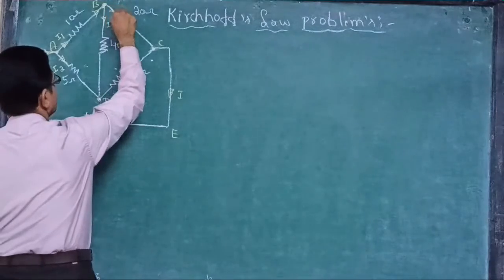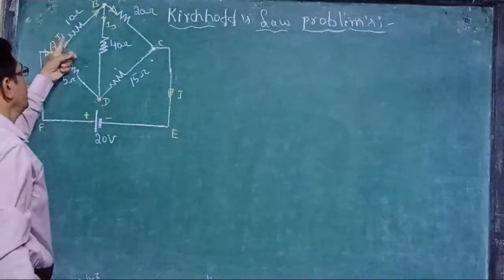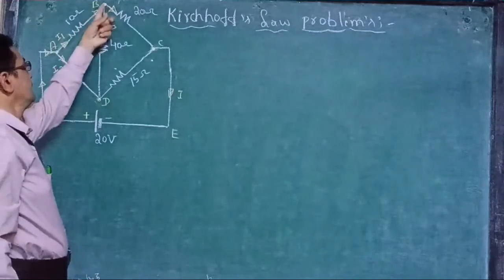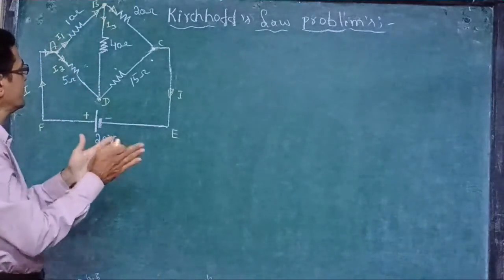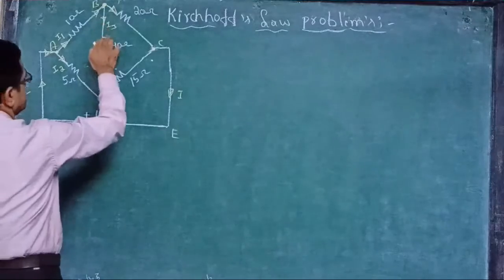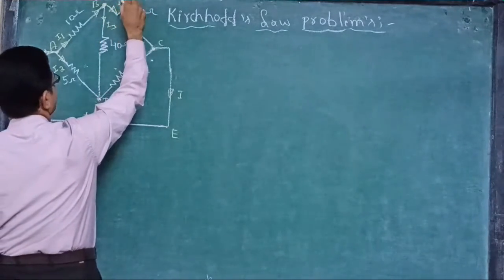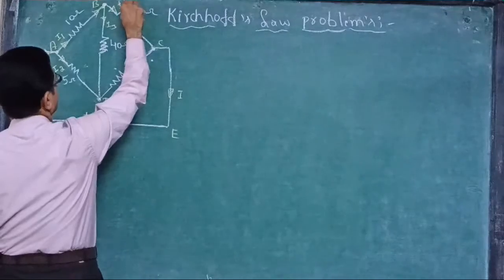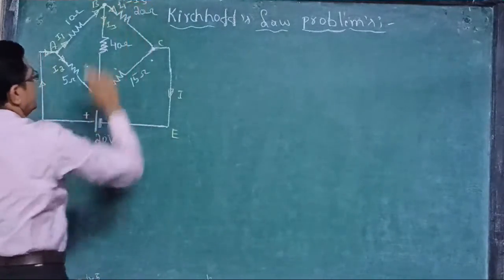Here current also flows. I1 flows to this point B. Then at B the current is divided, which means I3. So that's why in this branch the current we have to say is I1 minus I3.